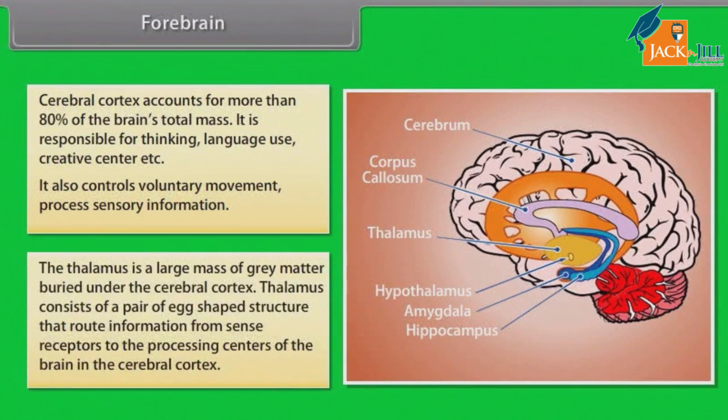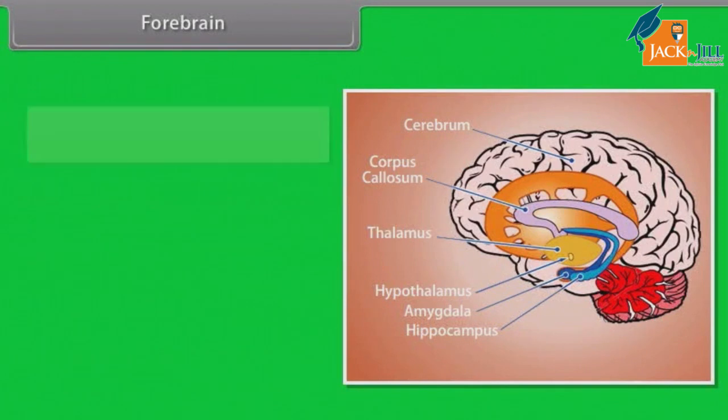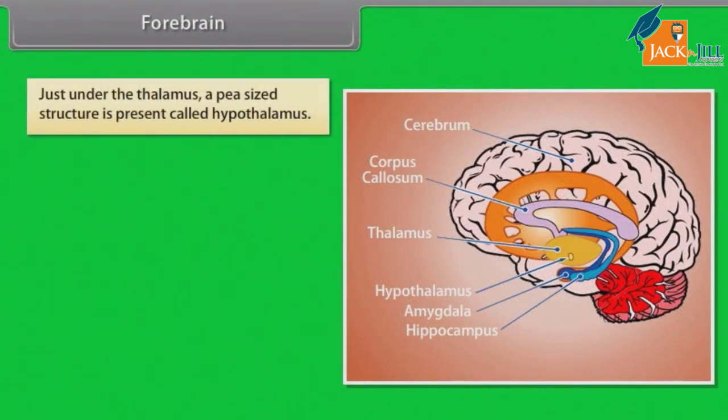The thalamus is a large mass of grey matter buried under the cerebral cortex. The thalamus consists of a pair of egg-shaped structures that route information from sense receptors to the processing centers of the brain in the cerebral cortex. Just under the thalamus, a pea-sized structure is present called hypothalamus.